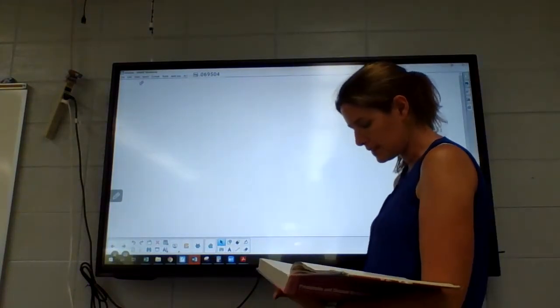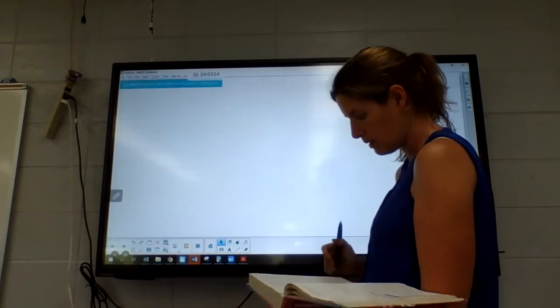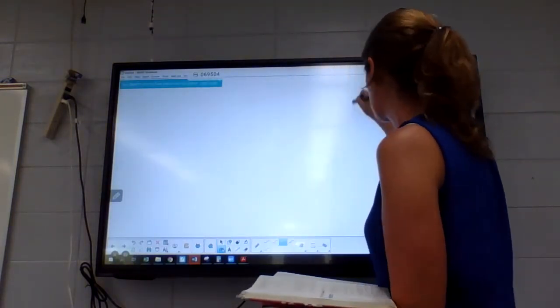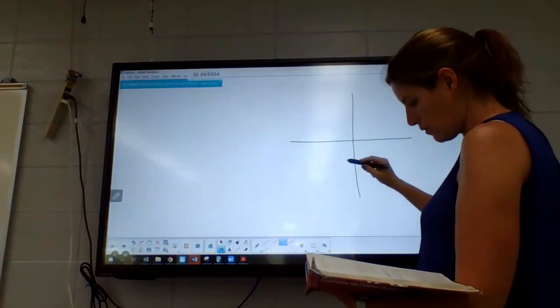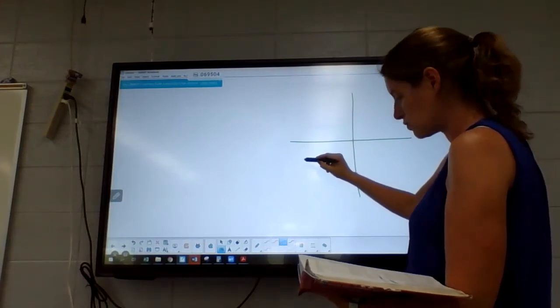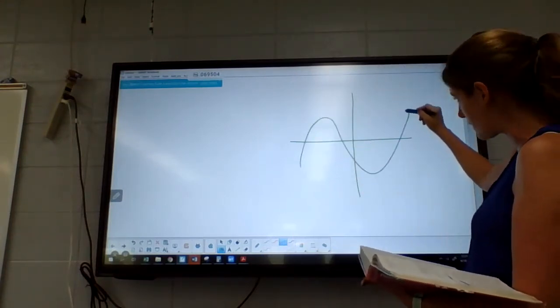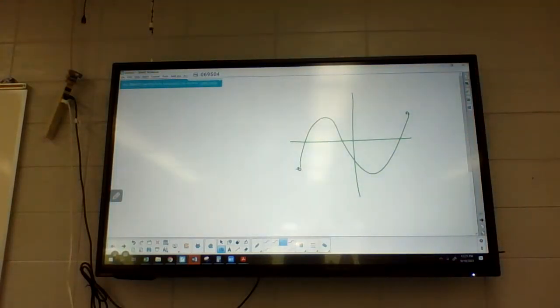So our graph in this case for E and D, I'm just going to sketch it quick to save on time. So that's what our graph looked like, sort of. And it said, find all x where h of x is -2.